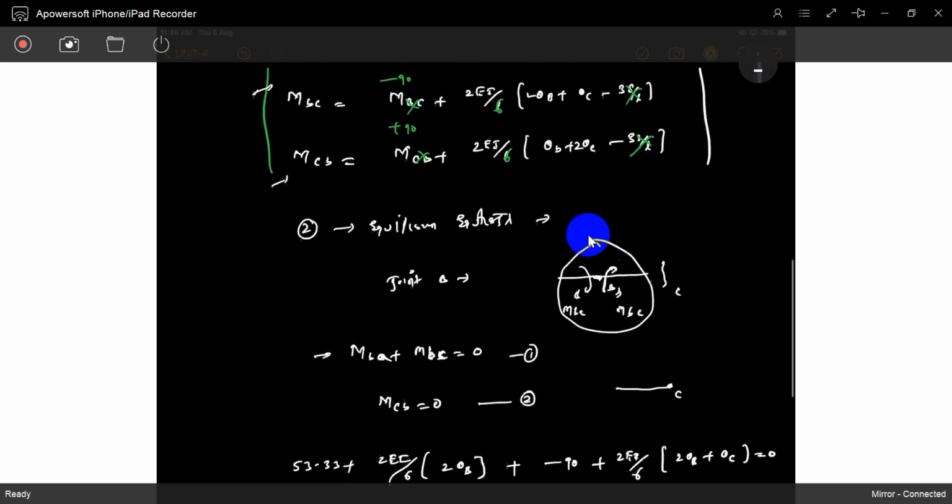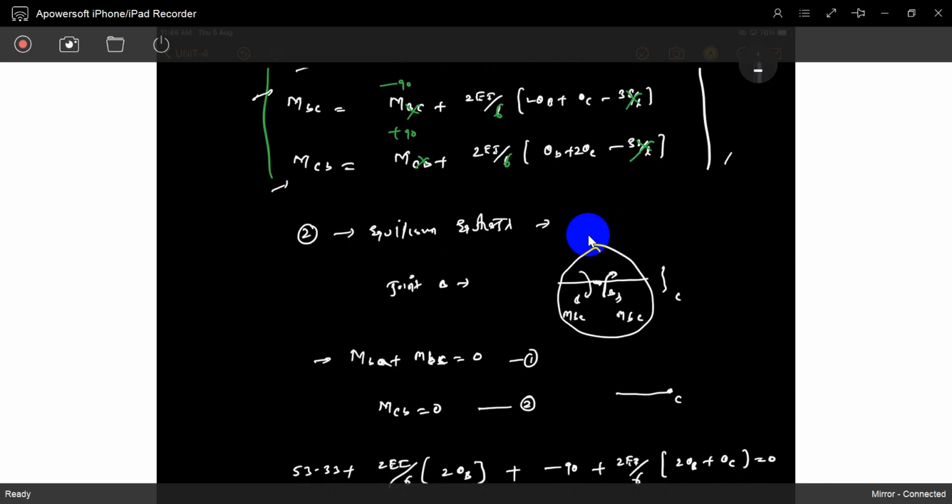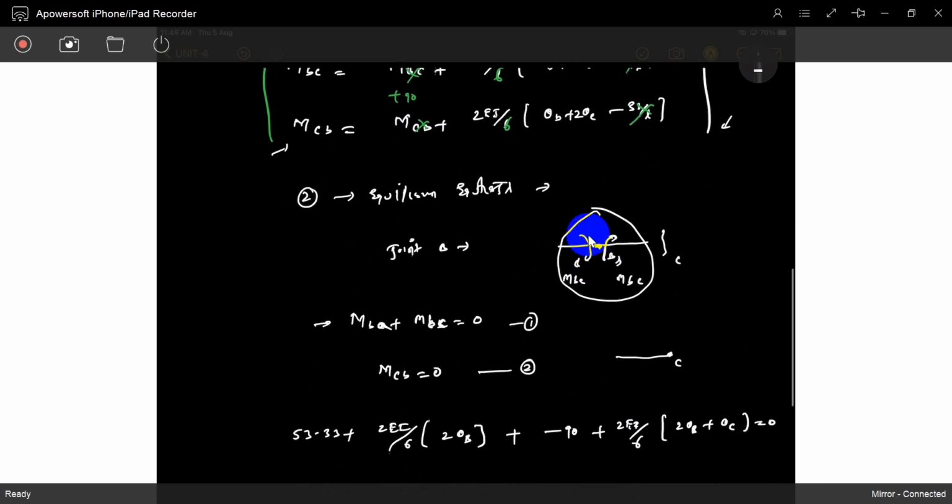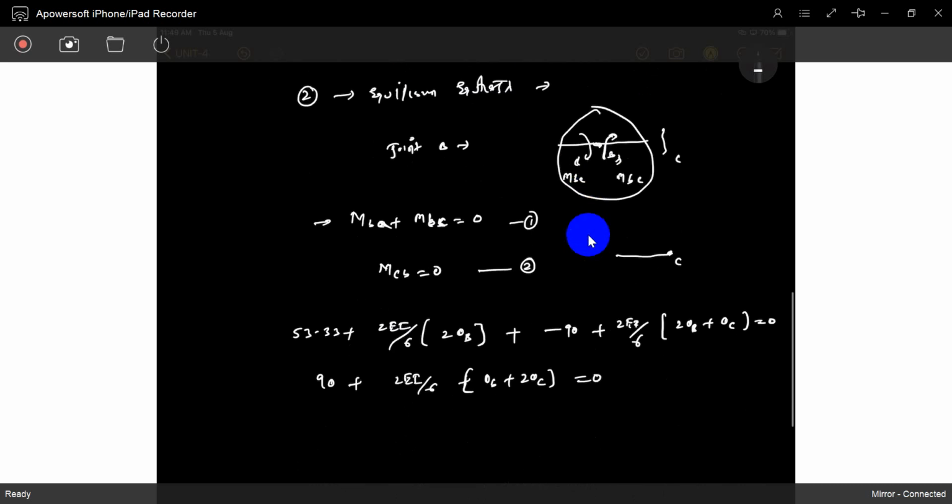That's one equation. The second equation is MCB is 0 because it's a hinge support: 90 plus 2EI by 6 times theta B plus 2 theta C is 0. So those are the two equilibrium equations.